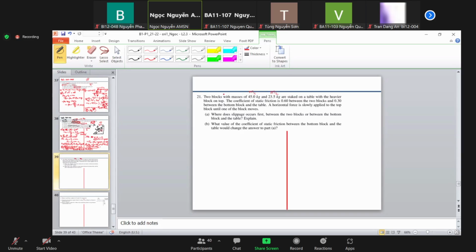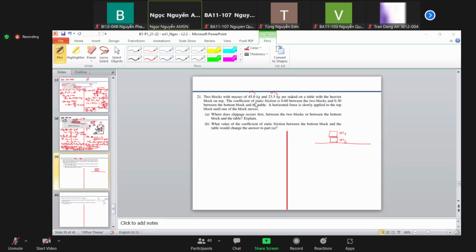The heavier block is on top, so M1 is on top, and here is M2.